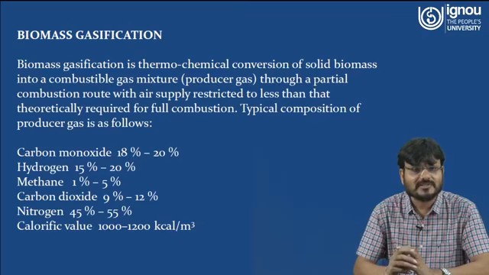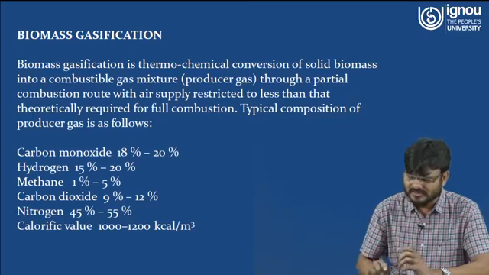So here you can see there is more nitrogen, and the calorific value of this gas is basically 1000 to 1200 kilocalorie per cubic meter. That means if 1 cubic meter of gas is used, it can generate around 1000 to 1200 kilocalorie of thermal energy.